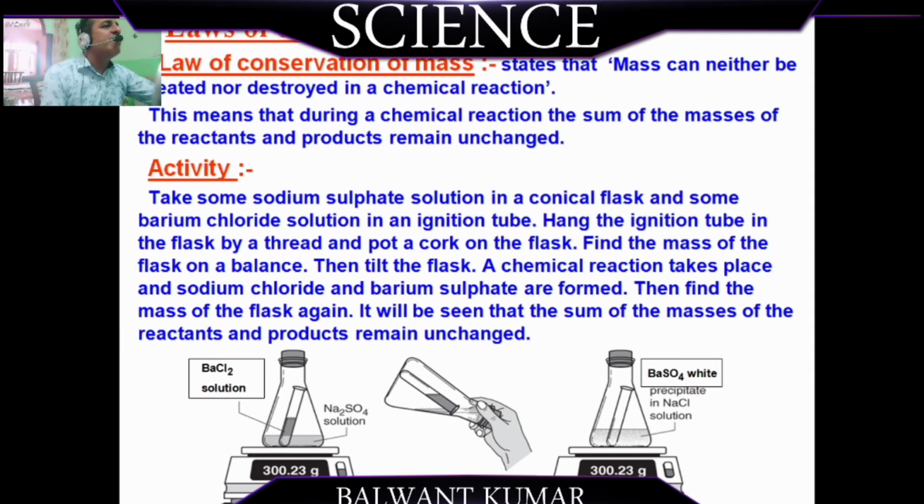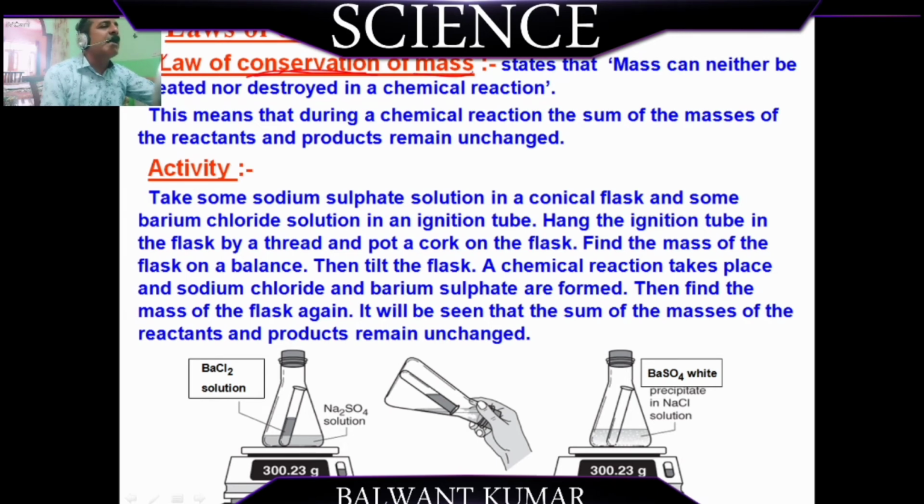The first law which became responsible for this conclusion is the law of conservation of mass. Conservation means being safe, which remains safe. Conservation of mass means mass remains safe.